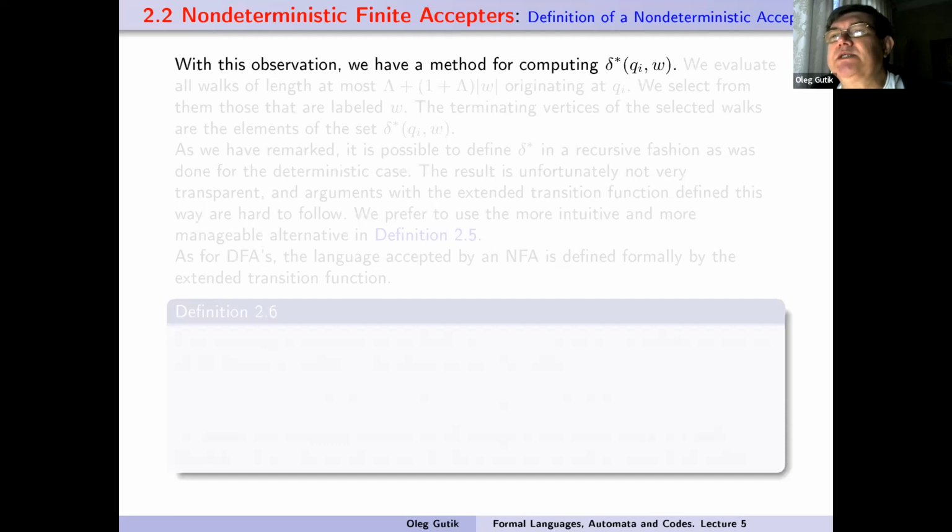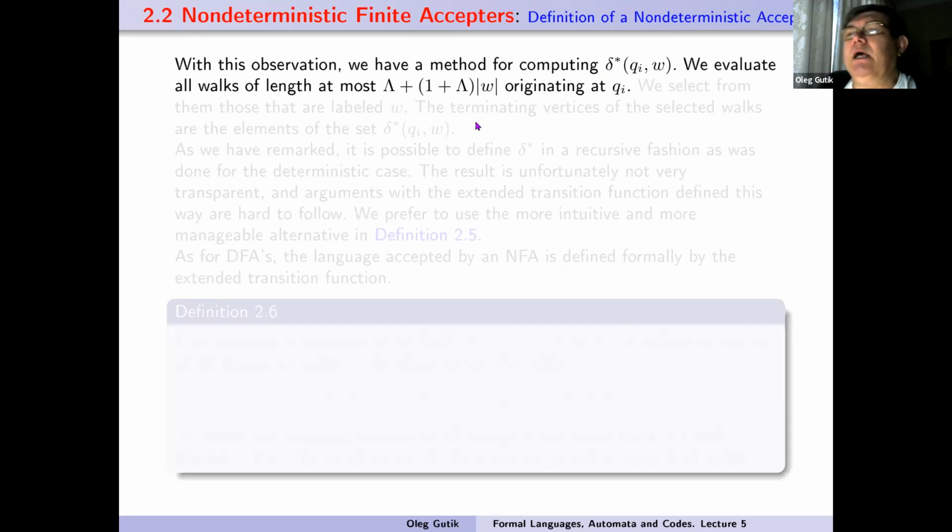With this observation, we have a method for computing the image by delta star of Q_i, w. We evaluate all walks of length at most lambda plus 1, multiplied by the size of the string w, originating at the state Q_i.